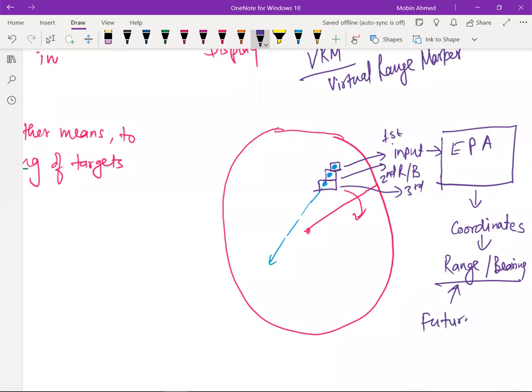So this can determine the future position, and it can alert that the target may collide with our ship. How much distance it is going to cross from here to here? Is it coming directly at us, or is it going to go by the side?